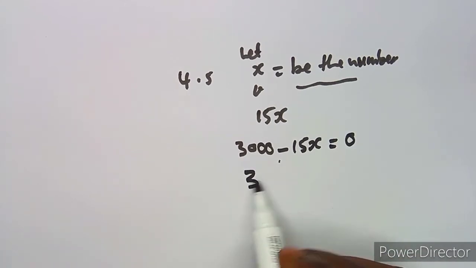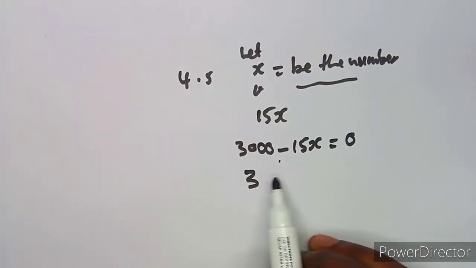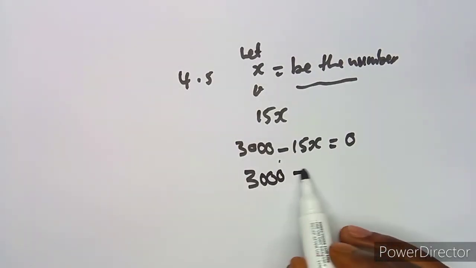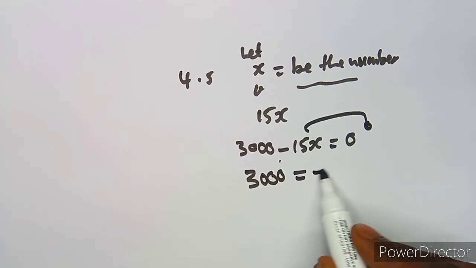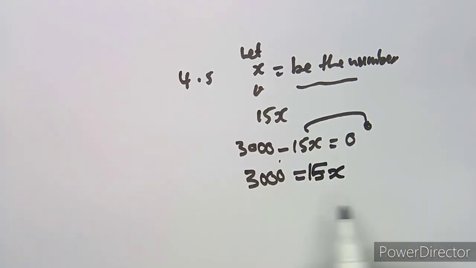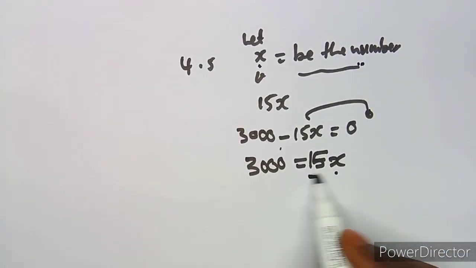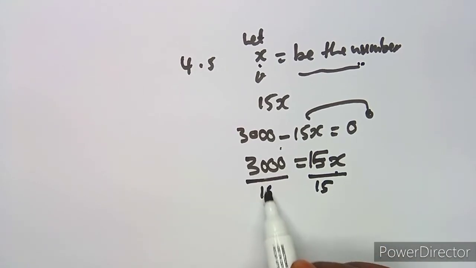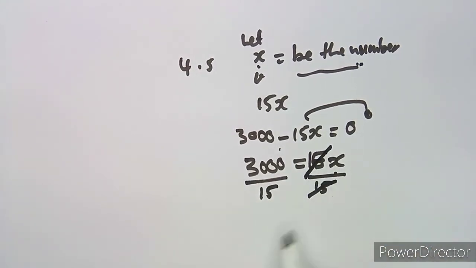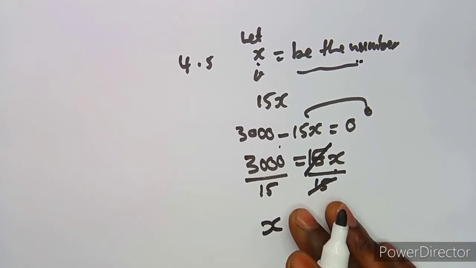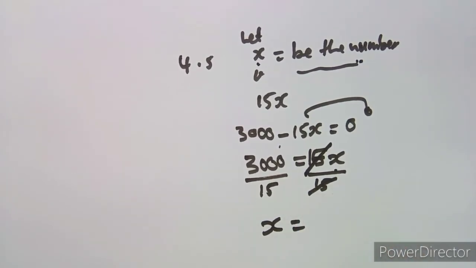So we can now solve, because we are given that it's going to give us a 0. So 3,000 is equal to, transposing to this part, positive 15x. To find x, because x is the one that is representing the number, you divide by 15. So this can cancel each other. Therefore x is going to be 3,000 divided by 15, which is going to give us 200.